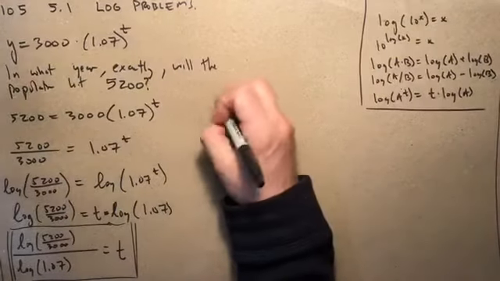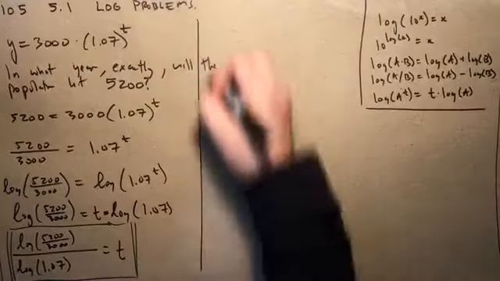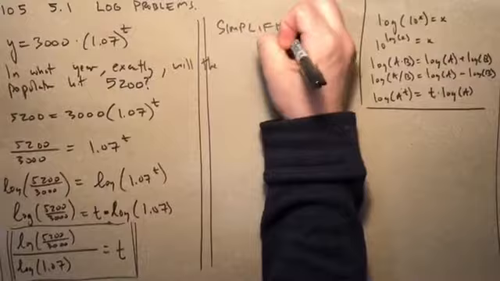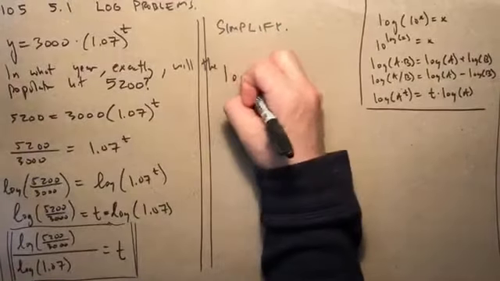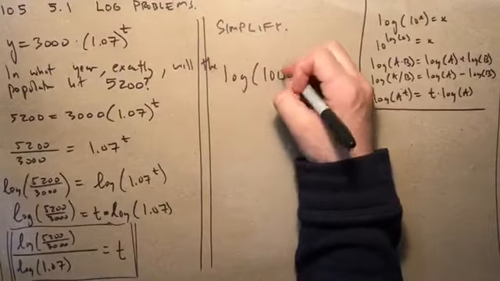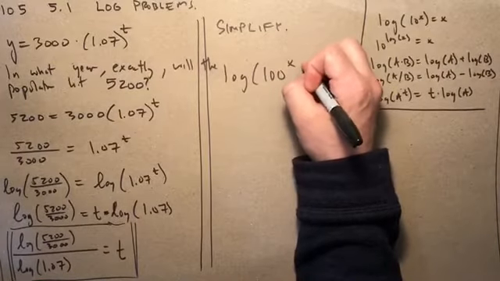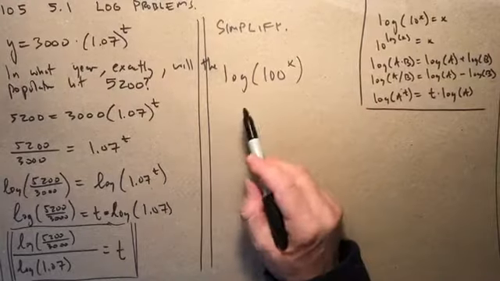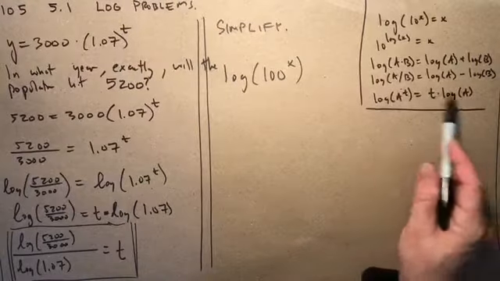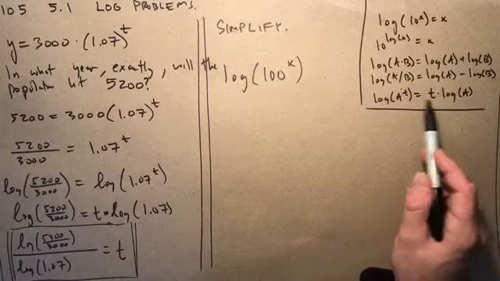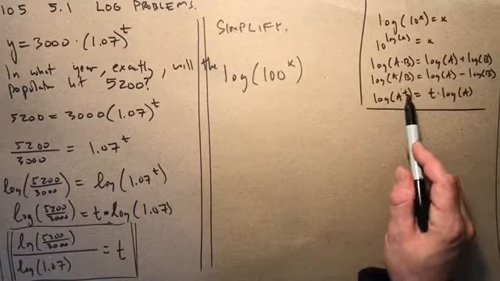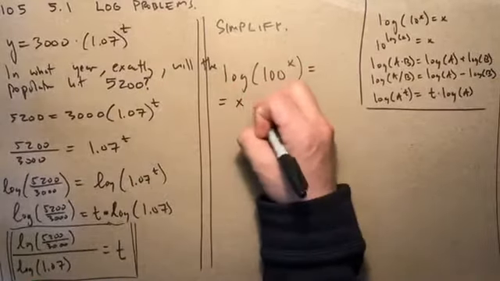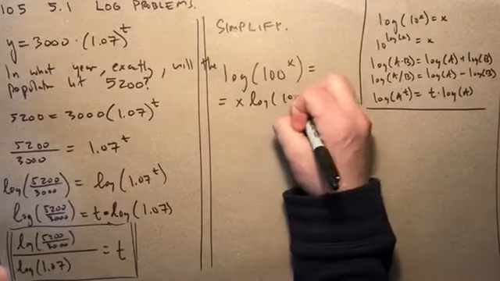And so I want us to simplify the following. What about log of 100 raised to the x? And if we look at this, I think we can certainly employ this bottom property, yes? That I have log of something raised to the t power, and we could rewrite this as x times the log of 100.